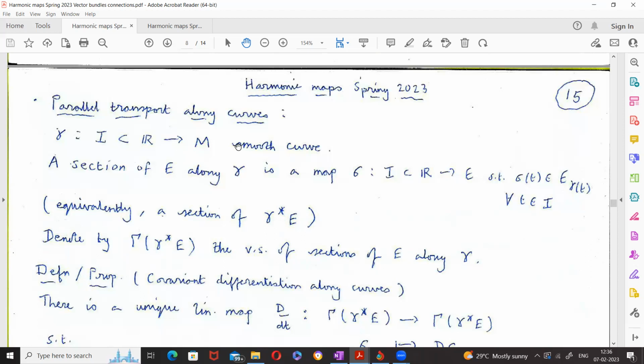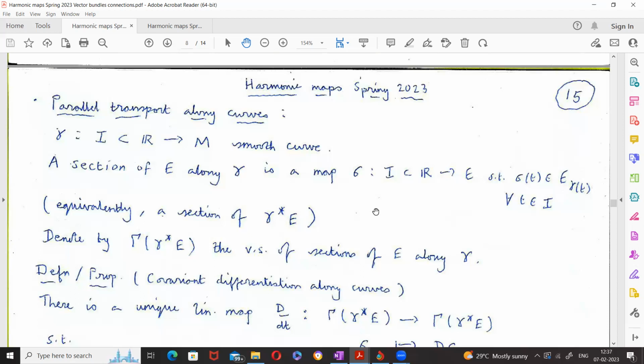So then we first define what is a section of the vector bundle along gamma. So this is a map sigma from the same interval of definition of gamma into the vector bundle such that sigma of t belongs to the fiber at gamma of t, for all t in I. In other words, you can think of sigma as a section of the pullback bundle, gamma star E. All right.